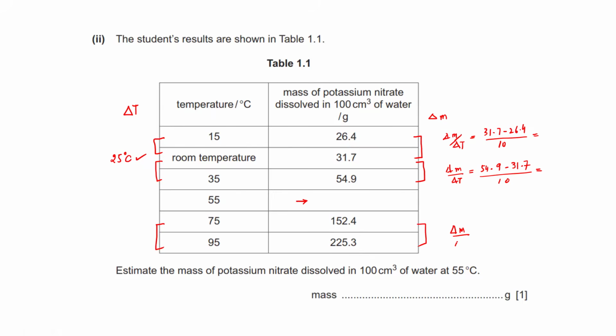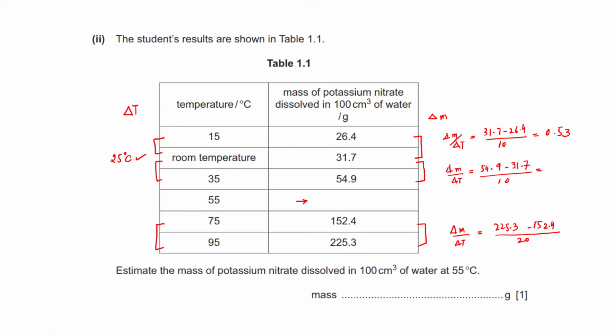Delta M by delta T, 225.3 minus 152.4 divided by, this is 20. So these are some of the values. Let's try to calculate. I'll open my calculator to get these values. First value is 31.7 minus 26.4, which is 0.53.